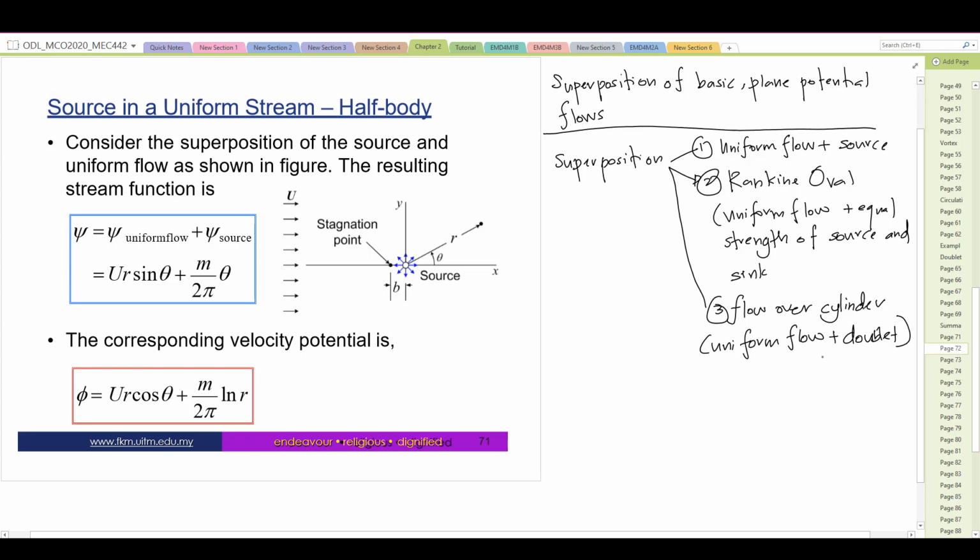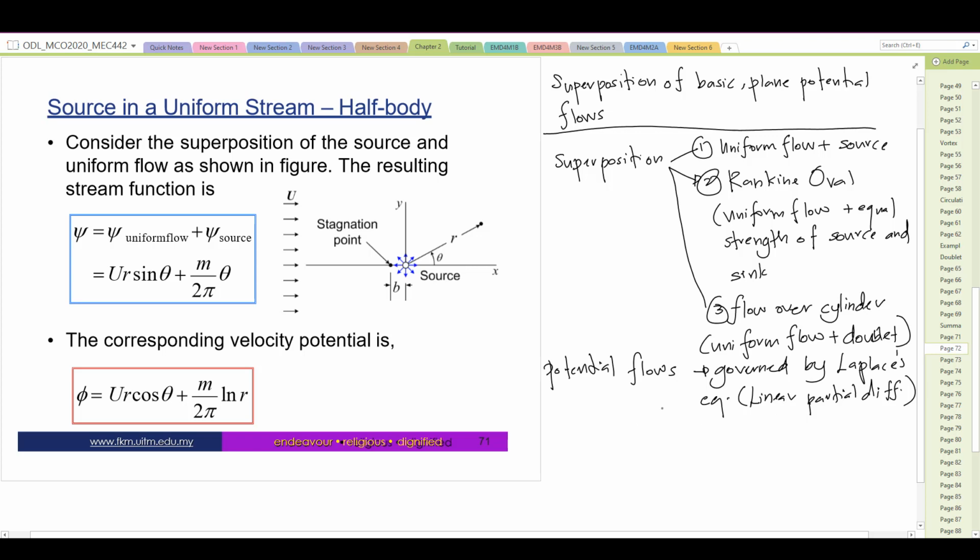But before that, let's recall the plane potential flow. It is governed by the Laplace equation. So for the potential flow, it is governed by the Laplace equation, which is a linear partial differential equation.